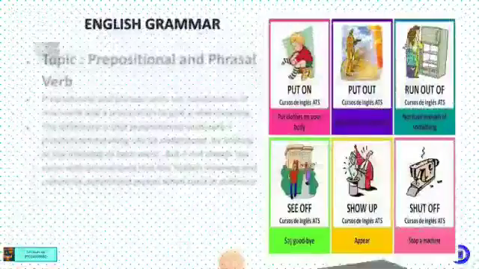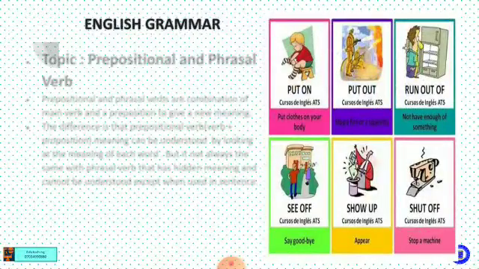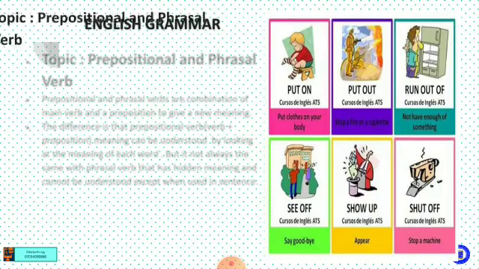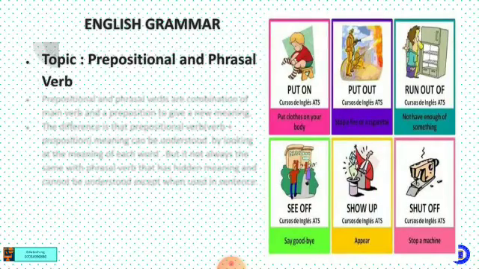Now, quickly, let's move to the first topic for today, that is English grammar, with the topic prepositional and phrasal verb. Now, there are two concepts on the topic. The first one is preposition and the second one is phrase. What is a preposition? A preposition is a word that is used to show the relationship between a noun and a pronoun.